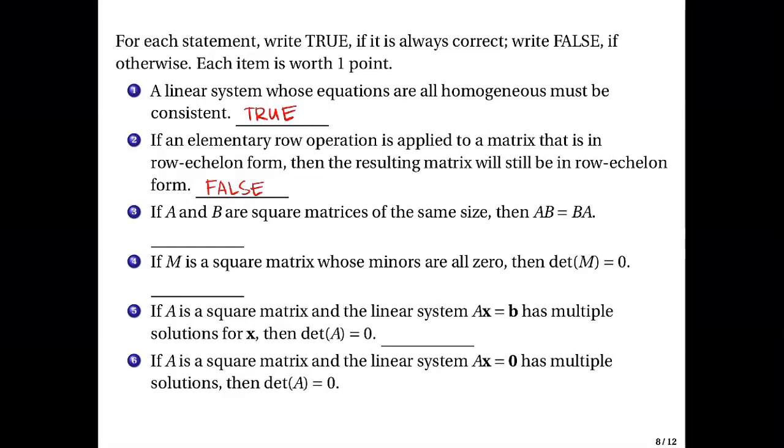Now, for number 3, if A and B are square matrices of the same size, then AB equals BA. True or false? That's false. Thank you. So yes, it is false.